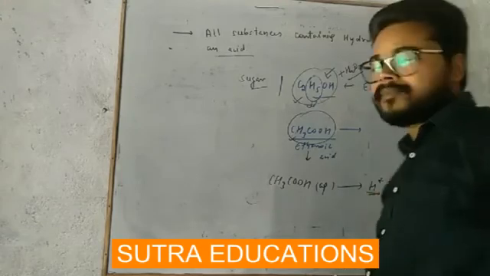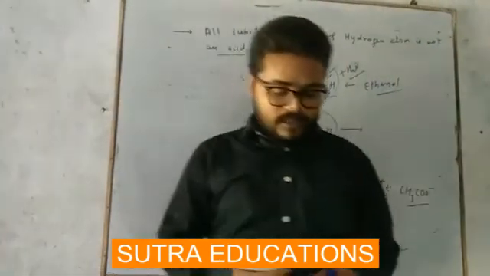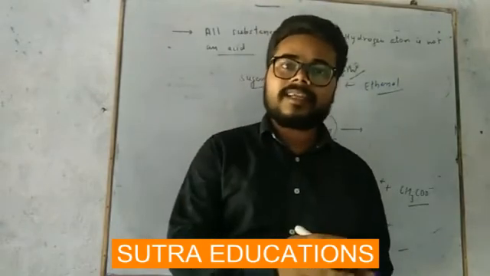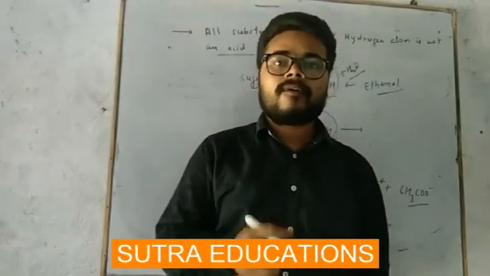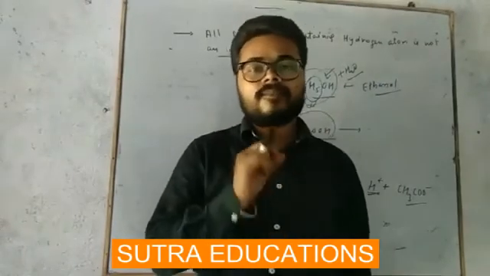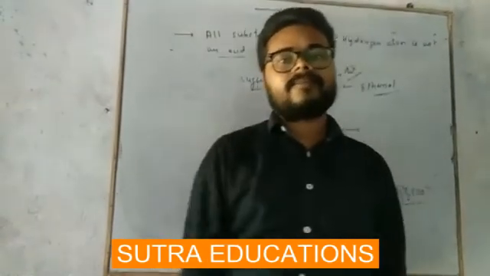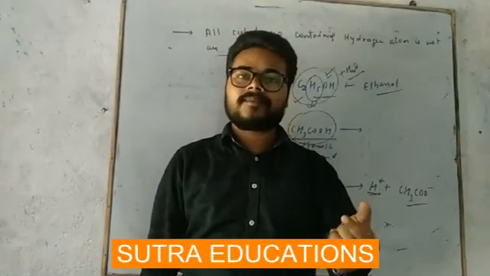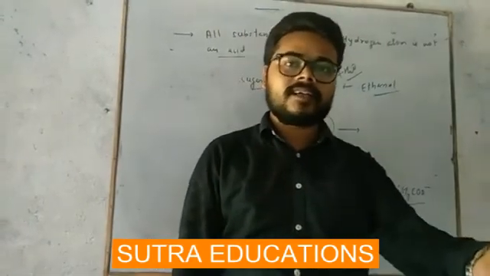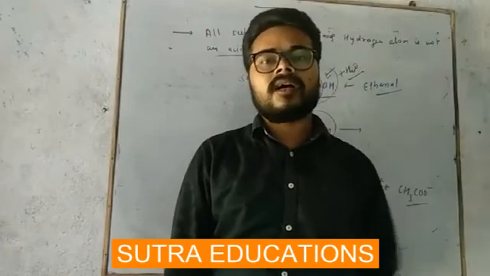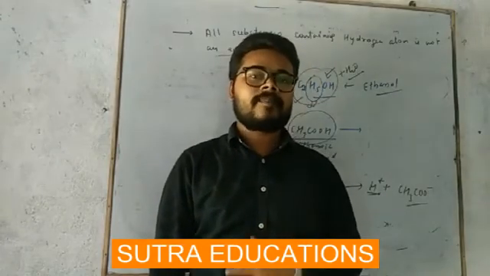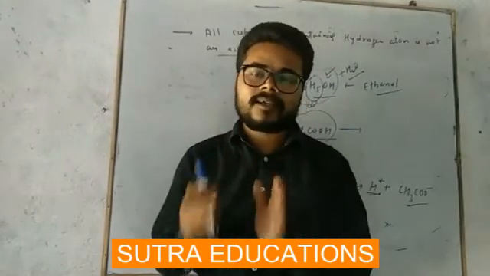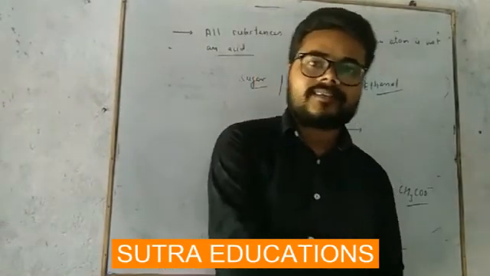Getting this or not? So only those substances are acids which contain hydrogen atoms and on dissolution in water produce H plus ion. Sugar contains hydrogen atoms, but when you dissolve it in water, it does not produce hydrogen ion, and that's why we say sugar has hydrogen atoms but is still not an acid.